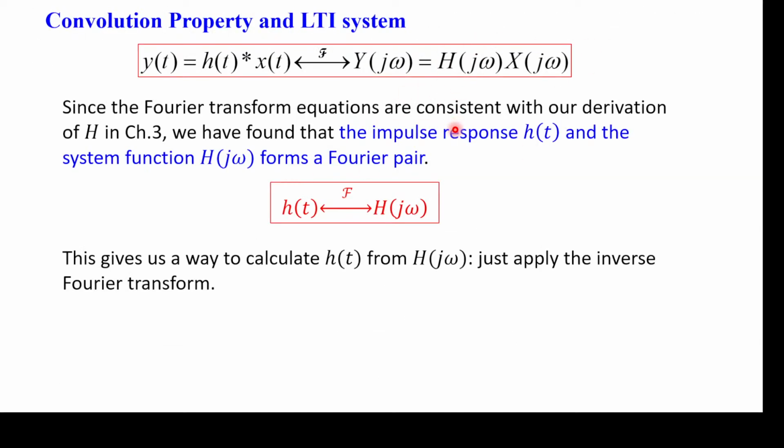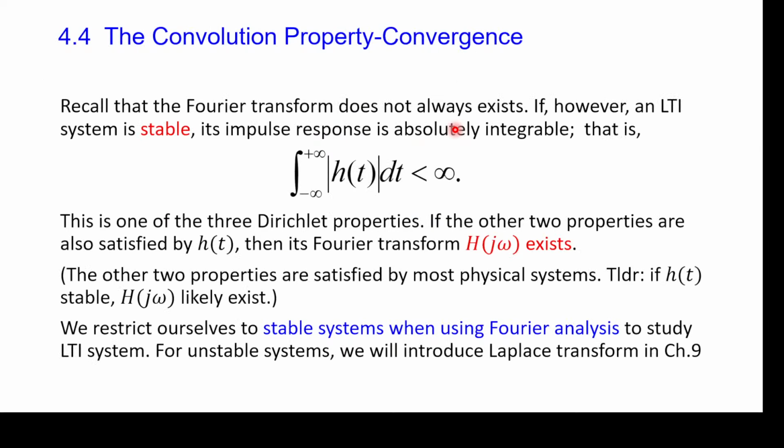A pretty good criterion for that to exist, obviously, is that you want the Dirichlet conditions to hold. There are three of them, but one of them is I guess more important. That is, you want it to be absolutely integrable.